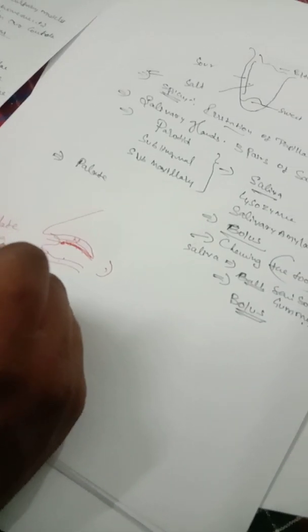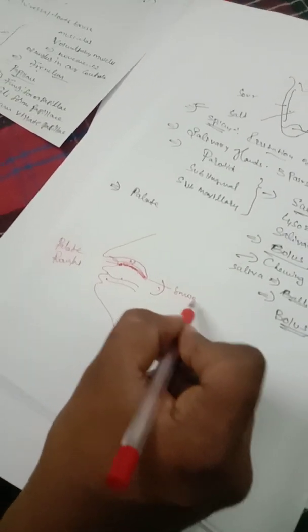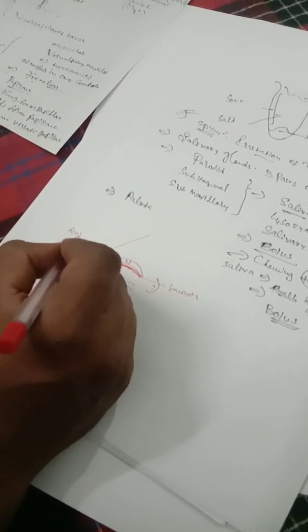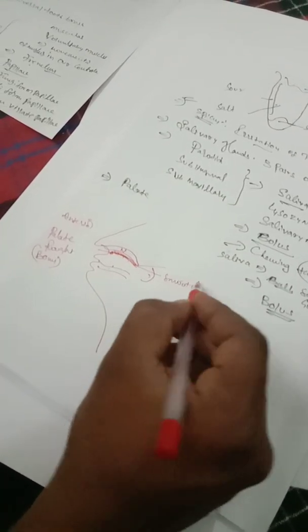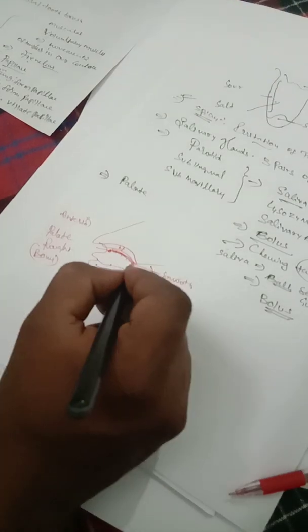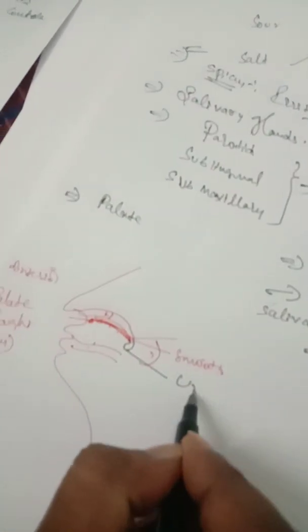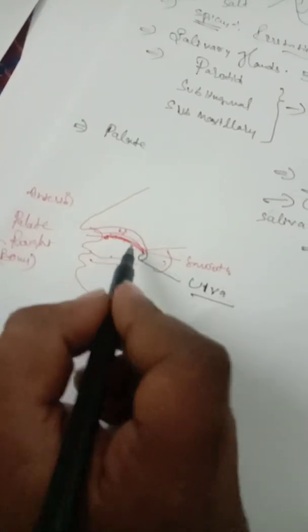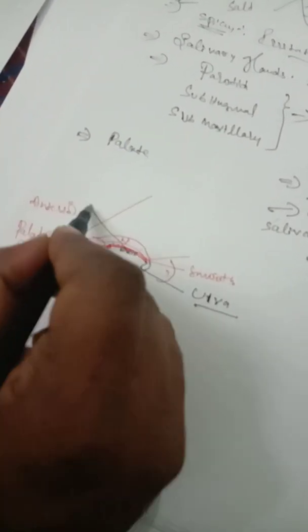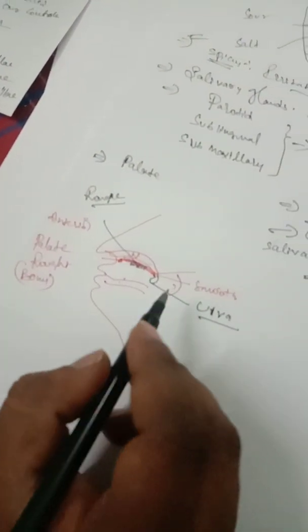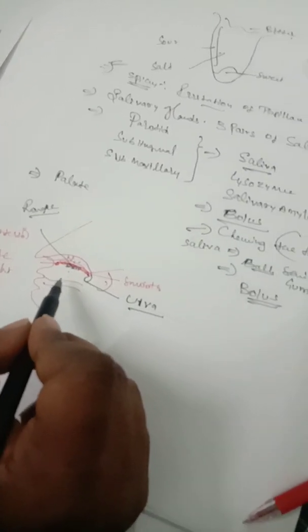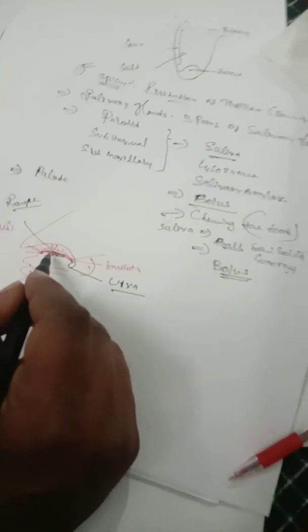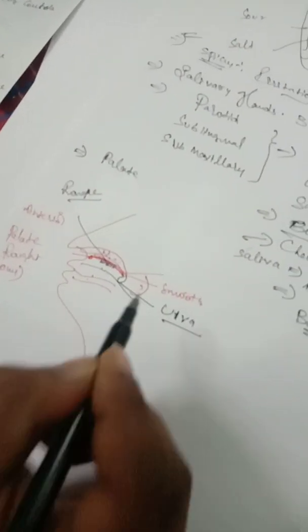Here the anterior end is rough and bony, and the posterior end is smooth, and here the enlarged part is called the uvula. These have foldings called rugae. Different concepts are there in this part. The palate separates the nasal cavity from the oral cavity and helps in the movement of food.